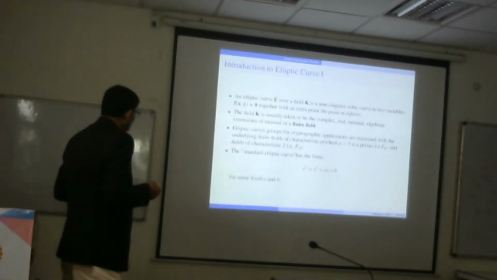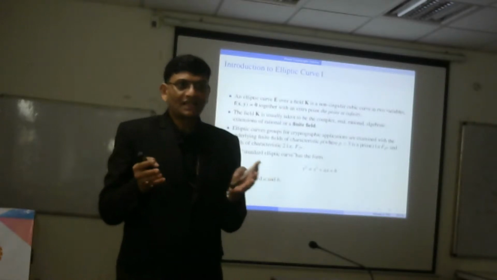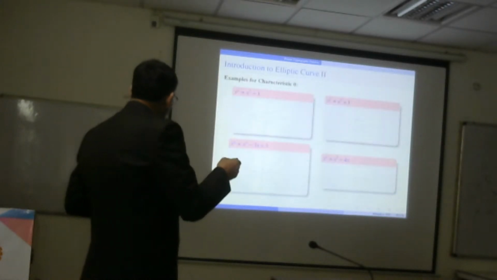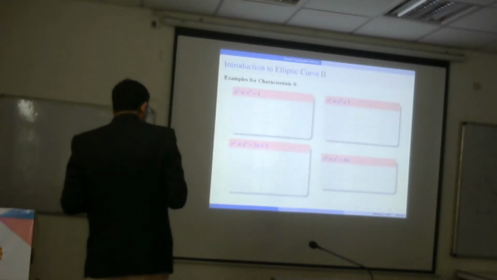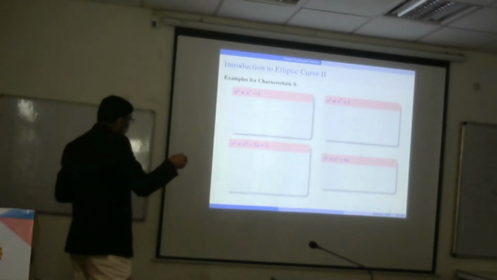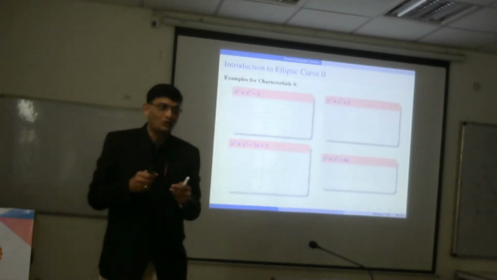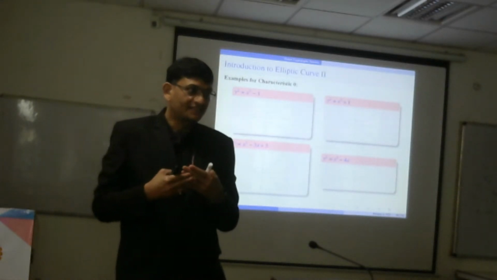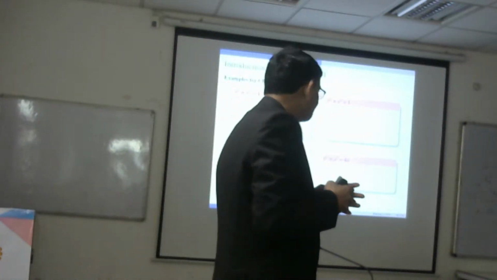The elliptic curve is a curve, it looks like this. The set of points on an elliptic curve forms a group structure with respect to point addition.